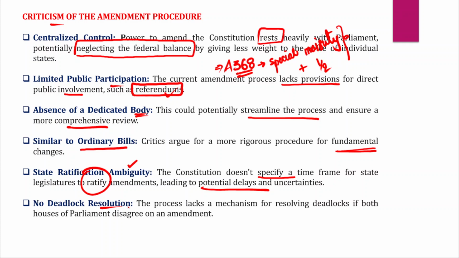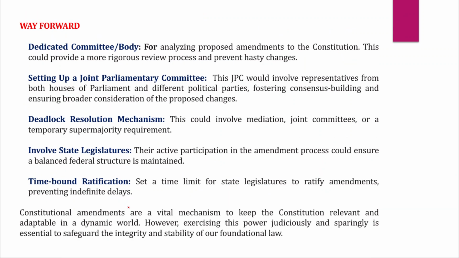So even if one house rejects, it will not become a constitutional amendment. And the other thing is that you cannot hold a joint session for constitutional amendment bills. When both houses of the parliament pass a constitutional amendment bill, it is sent for the consent of the president, who should also give his assent to the bill. So he cannot reject the assent to the constitutional amendment bill.